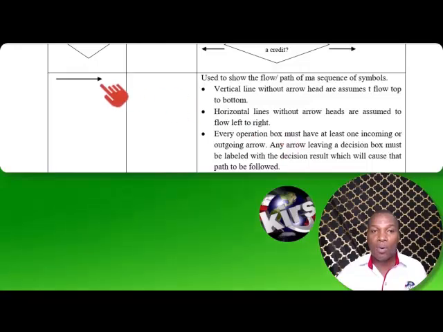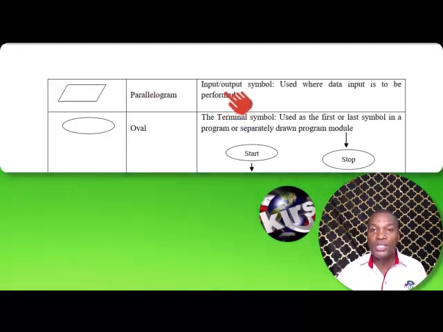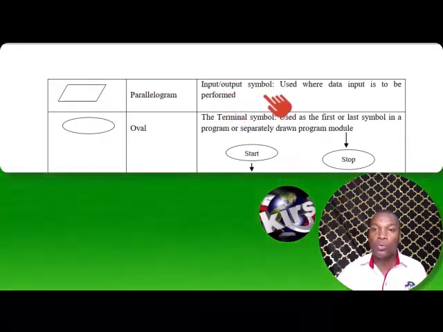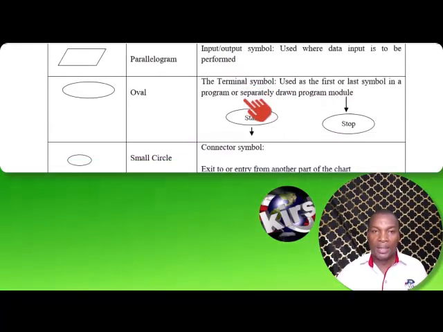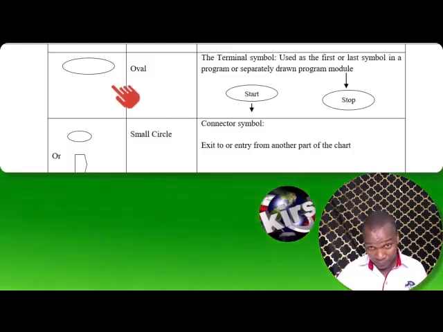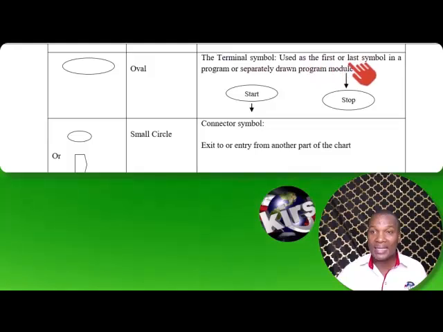The third symbol is an arrow, used to show the flow path of a sequence of symbols. The next symbol is a parallelogram, which is an input/output symbol, used where data input or data output is to be done. Then the other symbol is an oval, the terminal symbol or the start symbol, used at the first or the last part of the flowchart.